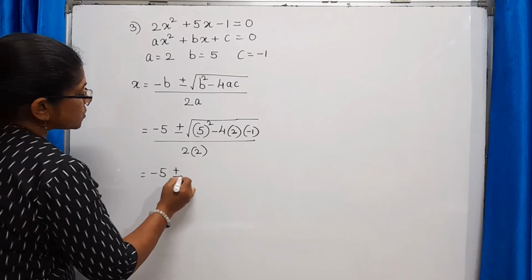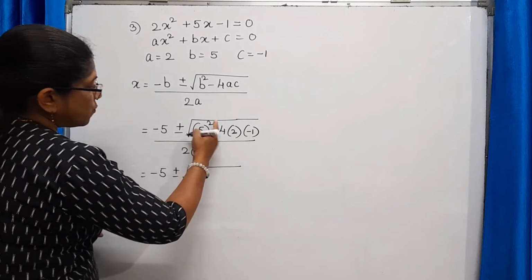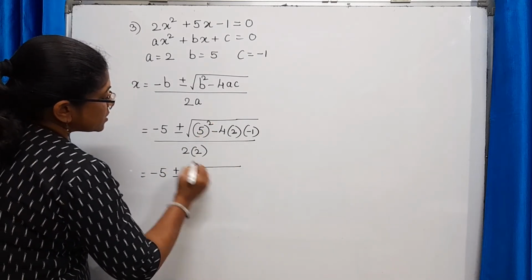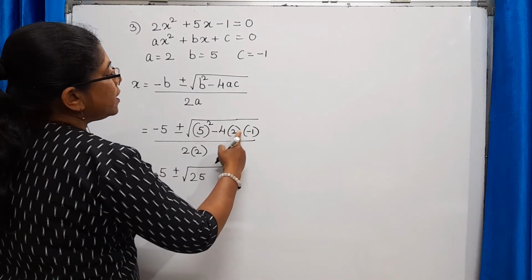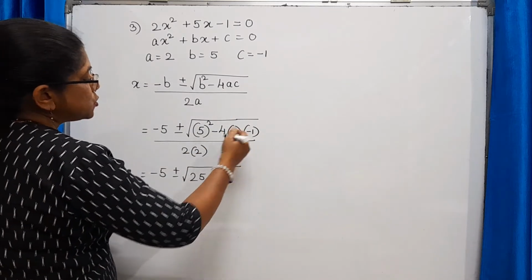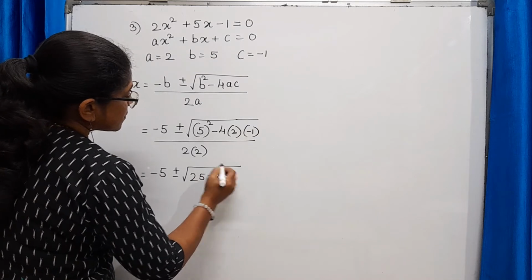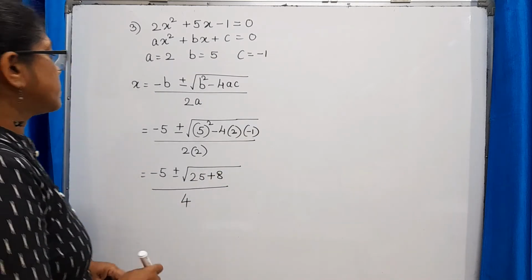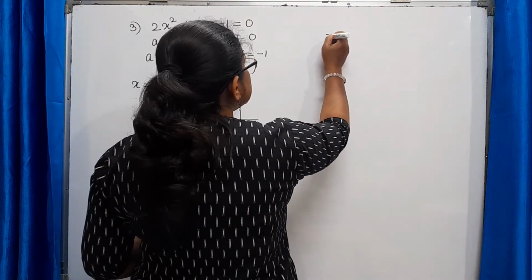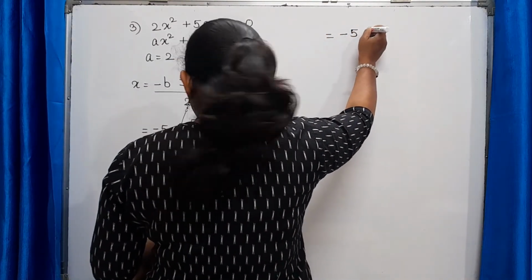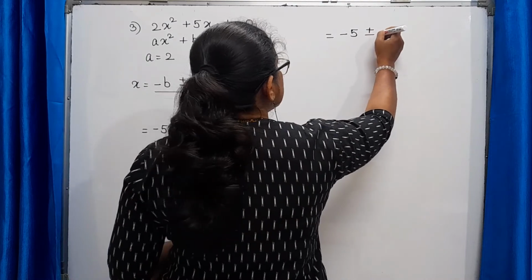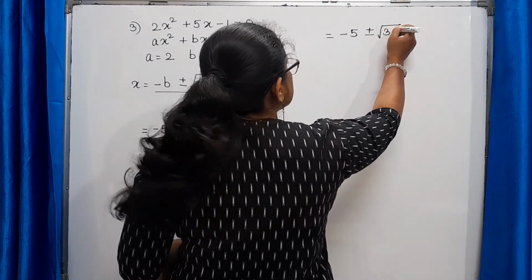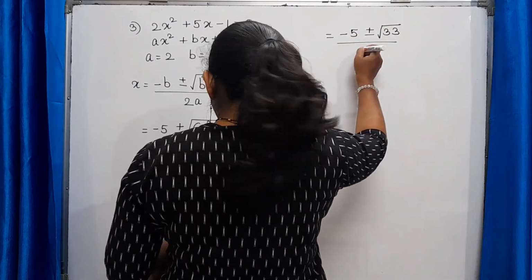Minus 5 plus or minus square root 5 square is 25. 4 2s are 8, 8 1s are 8. Minus into minus plus. Plus 8 upon 4. Okay. Is equal to minus 5 plus or minus root 33 upon 4.